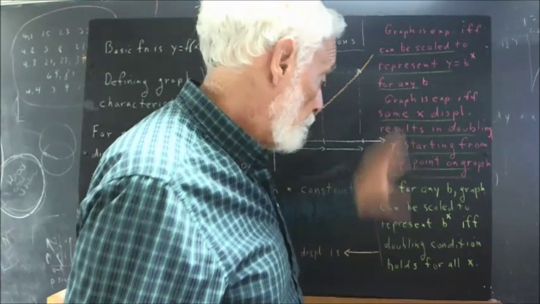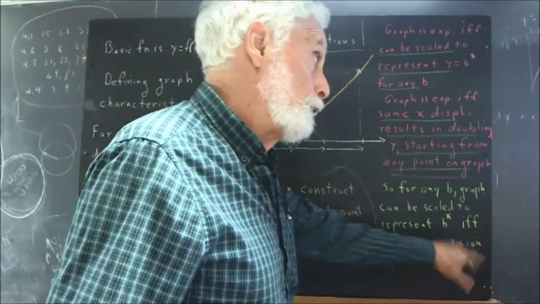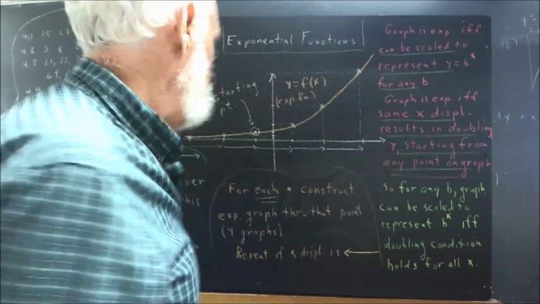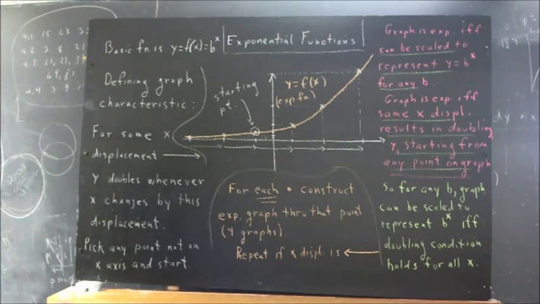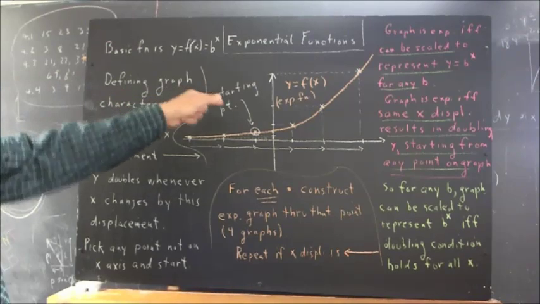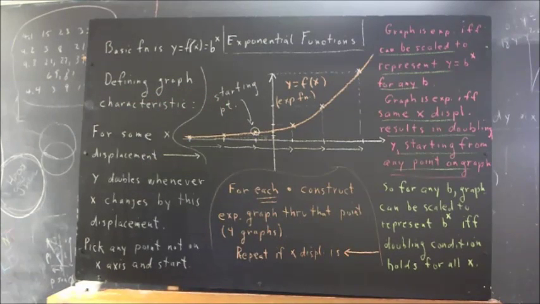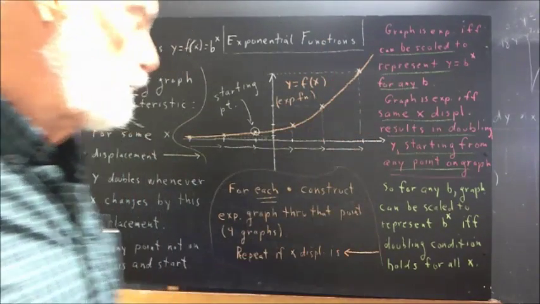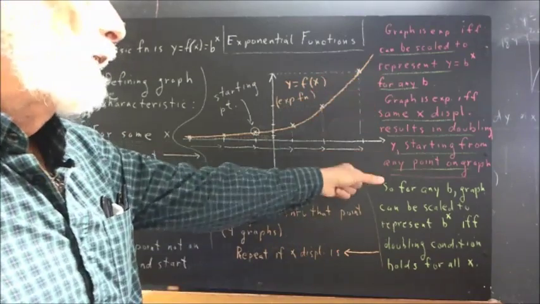I didn't have room to write the whole thing out, so I just referred to it as the doubling condition, but the doubling condition means this. Okay, so there's not only a briefer introduction to exponential functions and the basic graphical characteristic, but a discussion of some very important logic that we need to really make the mathematics tight.